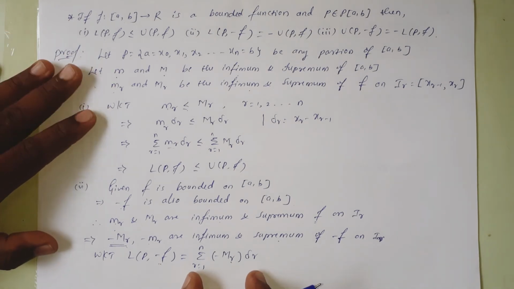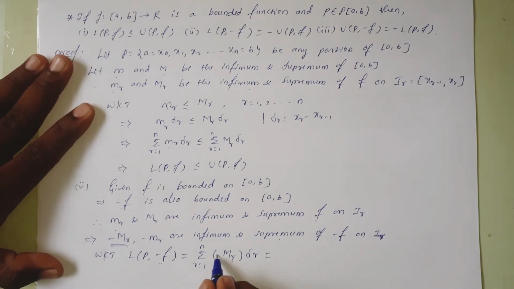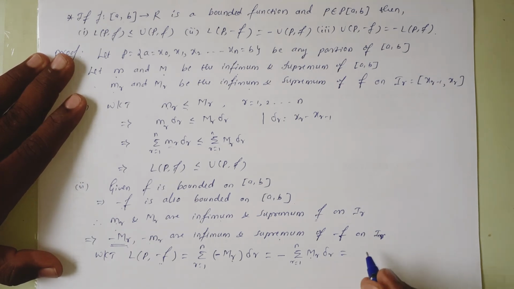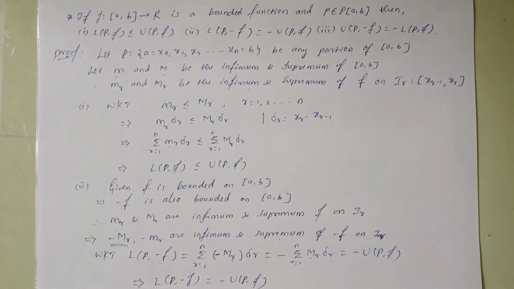Therefore, it is Lp minus f, the lower Riemann sum for the function minus f, and since the minus 1 is constant, we can take it out of the summation, then it becomes minus of the summation over r equal to 1 to n of capital Mr into delta r, where Mr is the supremum of the function f. Then by the definition of upper Riemann sum, we can consider this as minus of UPF. So, this is the second result, that is Lp minus f is equal to minus UPF.